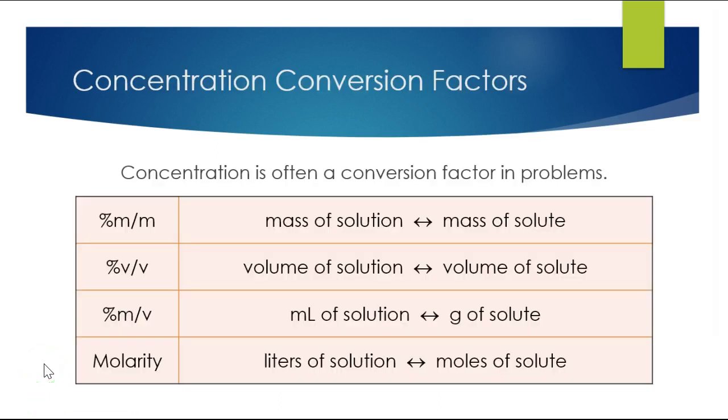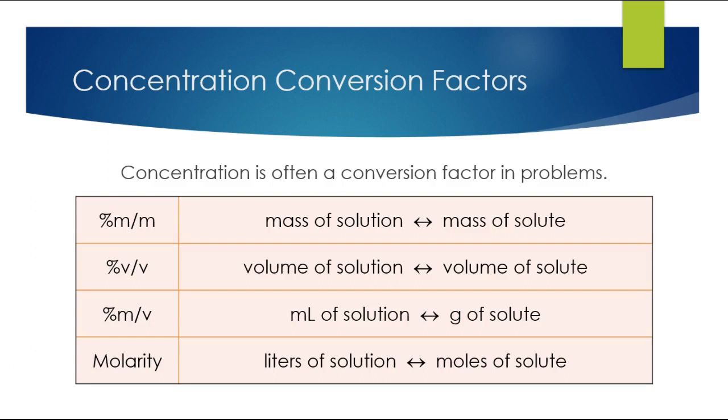All right, just like any other rate or concentrations, we can use these concentrations to make conversion factors. And I'll talk more about that in the next video. But for right now, let's just look at these. Using a concentration in percent mass, you can convert between the mass of a solution and the mass of the solute in it.